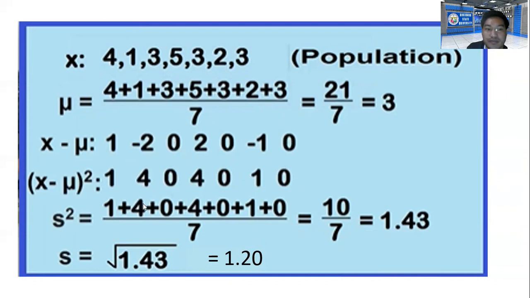So 1 plus 4 plus 0 plus 4 plus 0 plus 1 plus 0, divided by the number of data that we have, 1, 2, 3, 4, 5, 6, 7. So divide by 7, it's 10 over 7, so our variance is 1.43. To get the standard deviation, we just get the square root of 1.43, that is 1.20. So 1.43 is the variance, and 1.20 is the standard deviation.